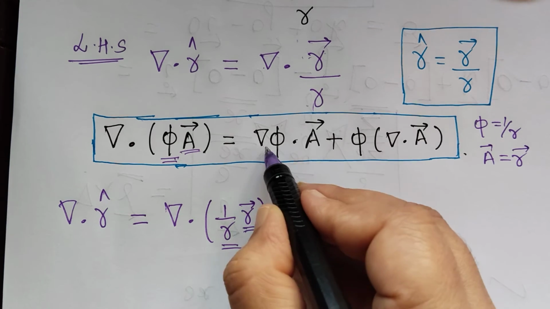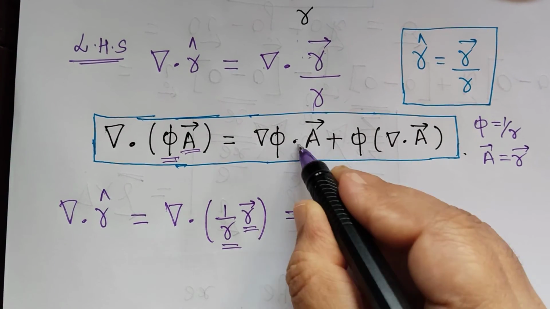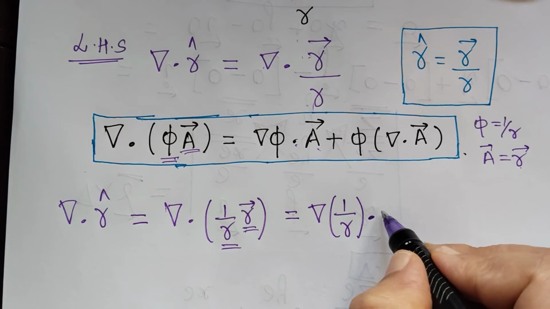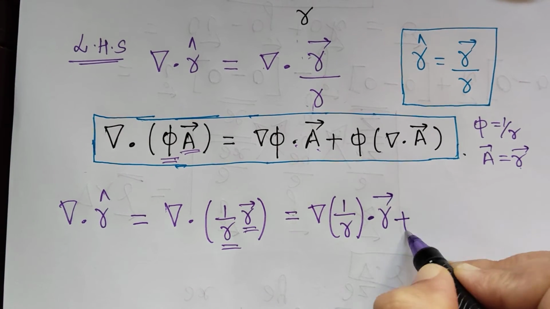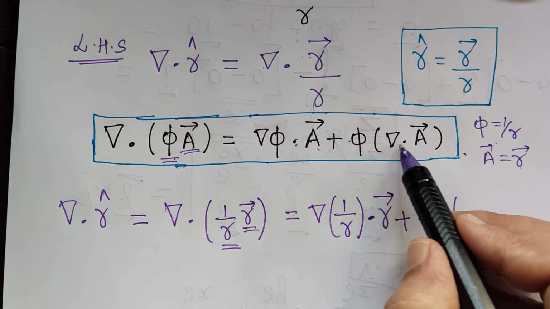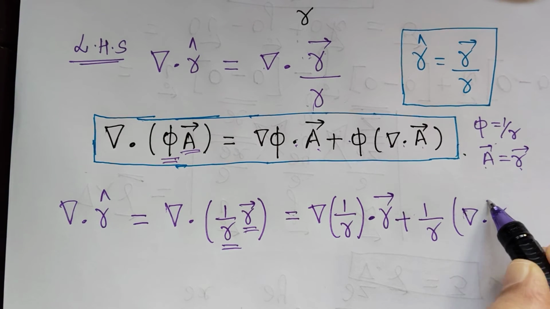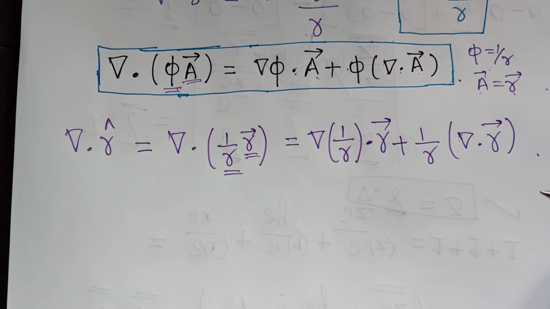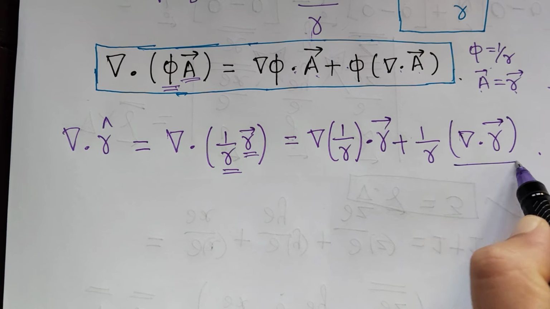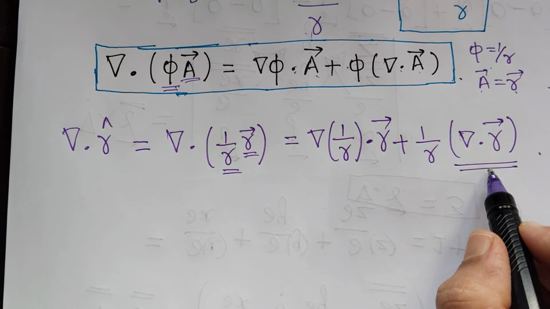That will be equal to first nabla phi, so nabla 1 by r dot product with a vector, that is r vector, plus phi, which is 1 by r, multiplied with nabla dot a vector. So nabla dot r vector is what? Again, for this we know that nabla dot r vector is equal to 3. This is by result 5 which we have found.